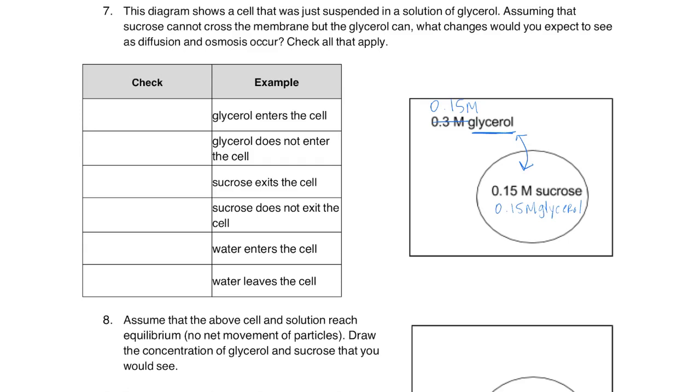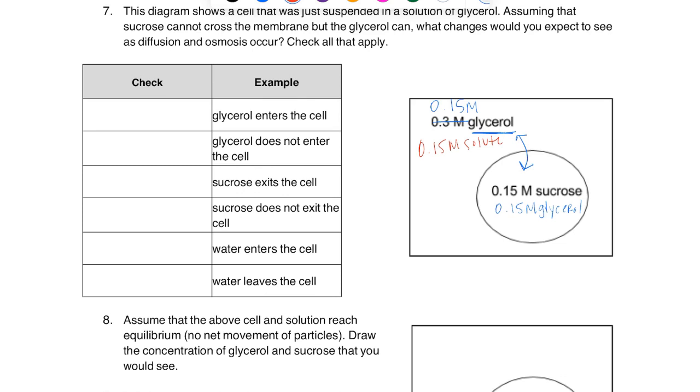Now, sucrose cannot cross the membrane. So at this point, our solutes are not going to be moving where the concentrations are changing. So now I want to think about what that does for water. For water, if I take a look at my solutes, outside the cell I only have 0.15 molar solute.